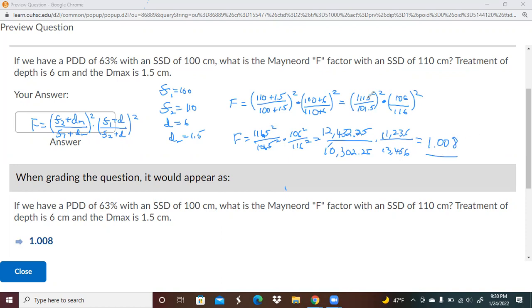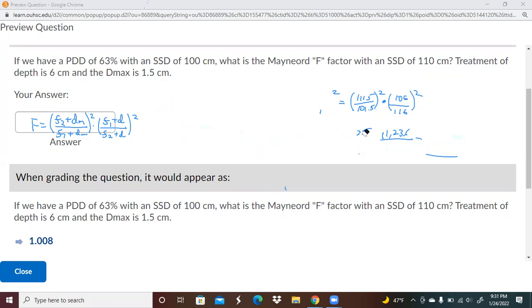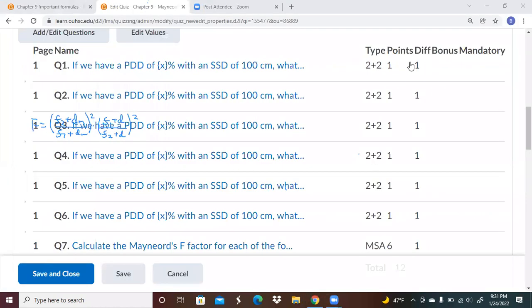Now, another part of it that I want you to be able to do, and let me clear out all of this stuff. Okay, now, not only do I want you to be able to do the Mayneord F factor, but I want you to use the Mayneord F factor to produce the PDD at that particular depth.